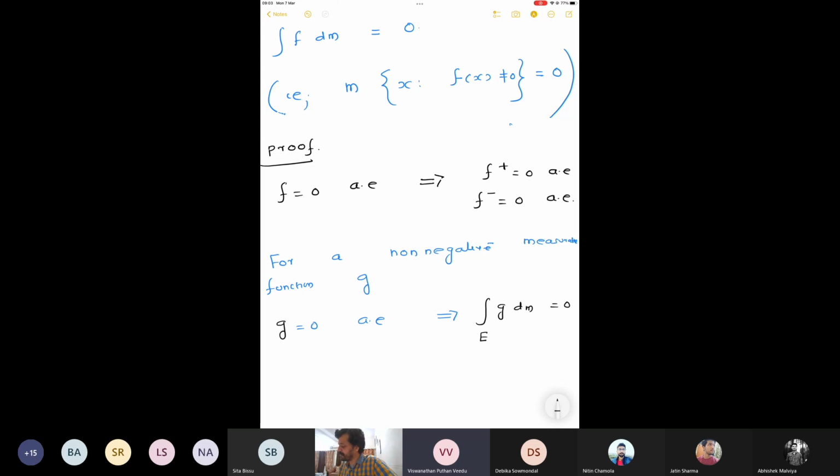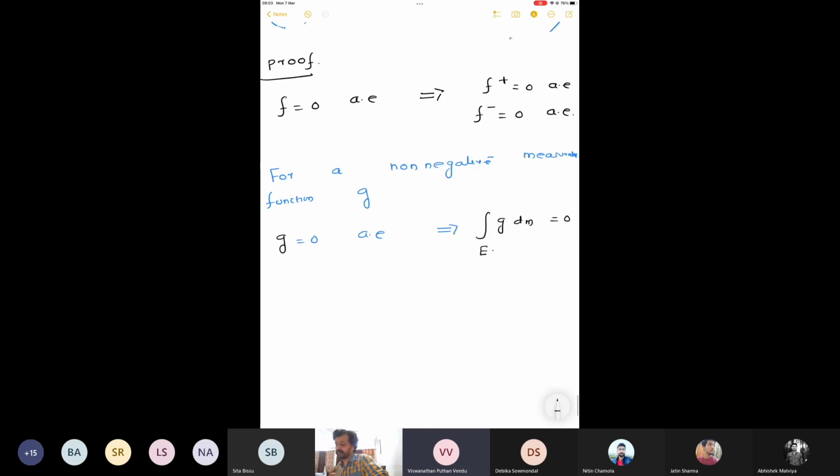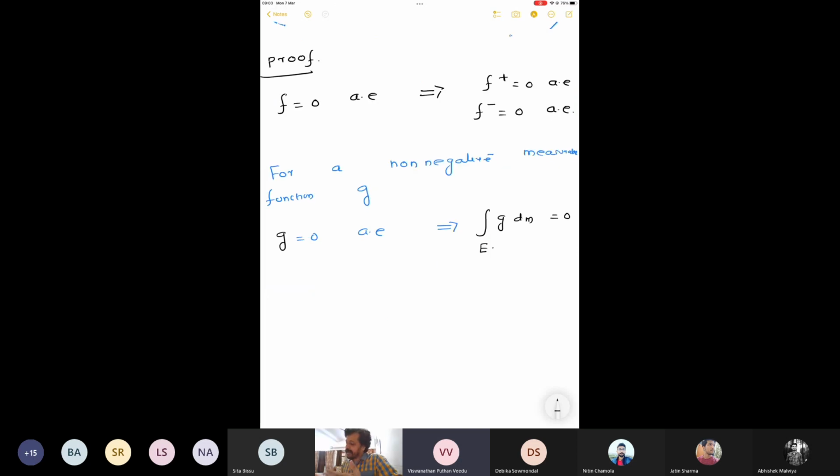I don't know whether I have proved this. Did I? No, sir. Doesn't matter. You can prove it on your own. Okay. Maybe I will prove it now itself. In fact, it is if and only if. For a non-negative measurable function g, g equal to 0 almost everywhere if and only if the integral is equal to 0.